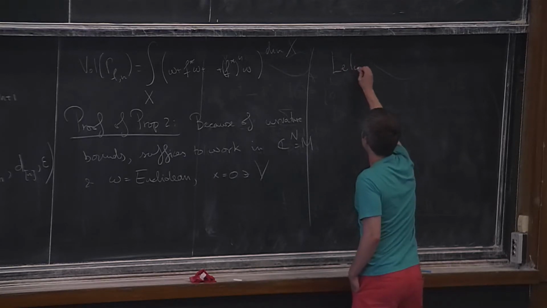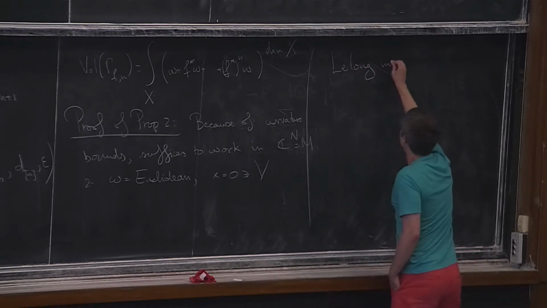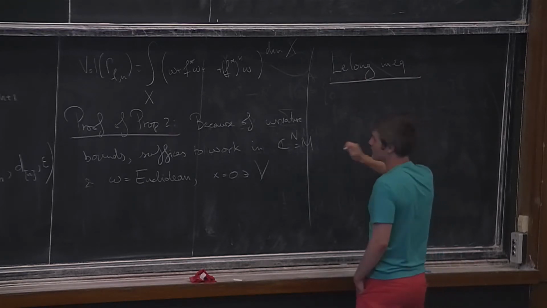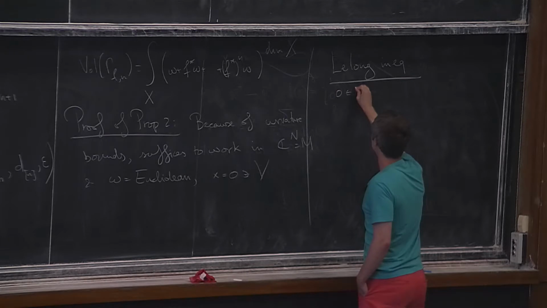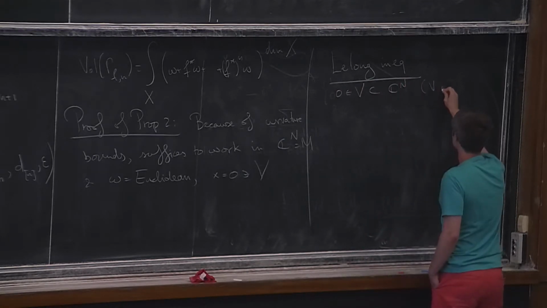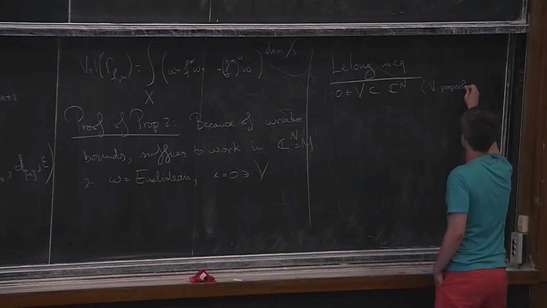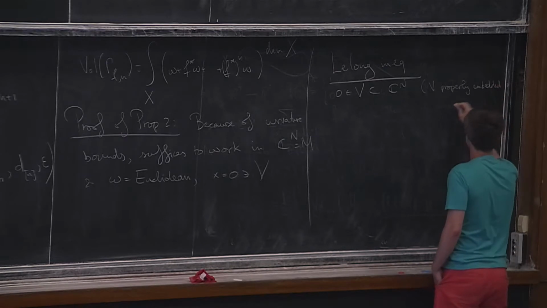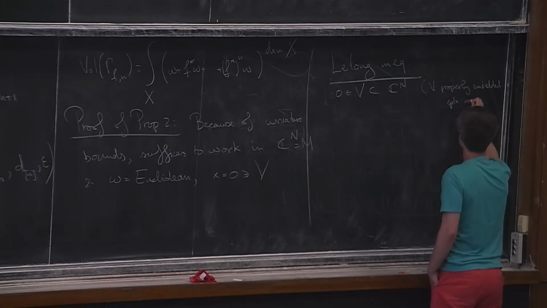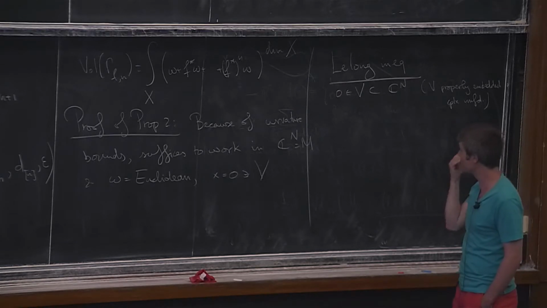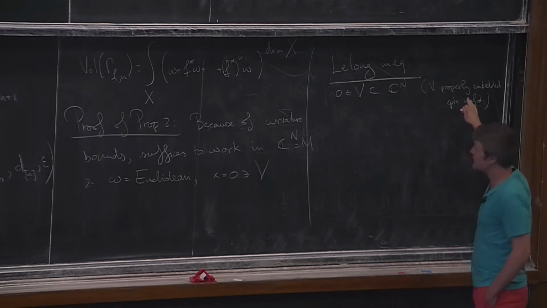So there's something called the Lelong inequality. And it says the following, so we're in the same situation. We have 0 in V inside C^n, and V is a properly embedded complex manifold. In fact, it doesn't even have to be a manifold. It can have some singularities for what we'll do. But what does it mean that it's properly embedded?